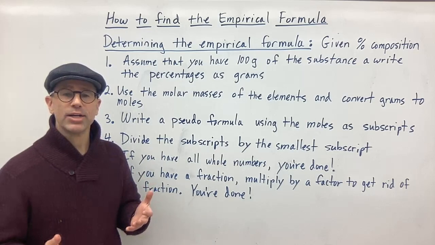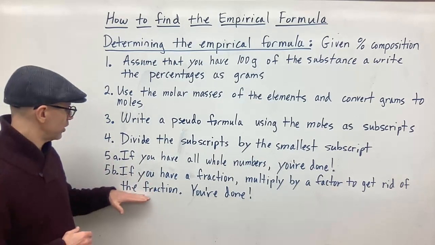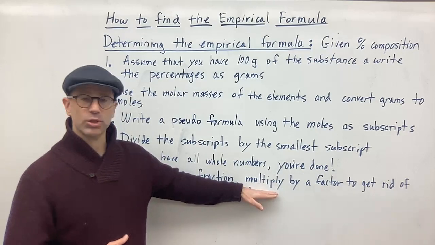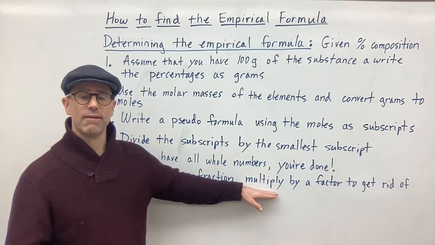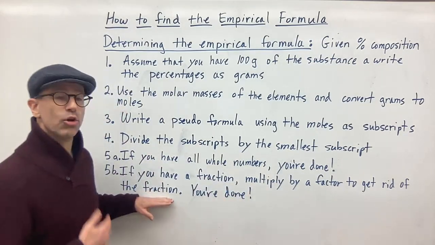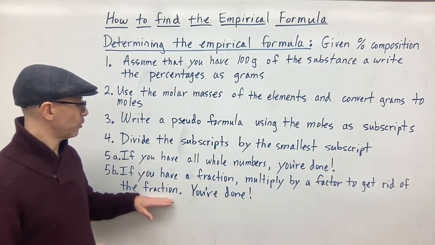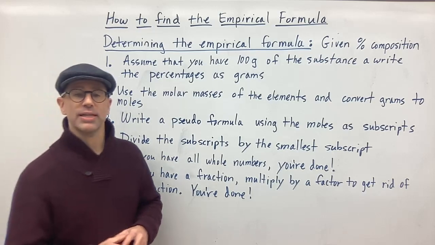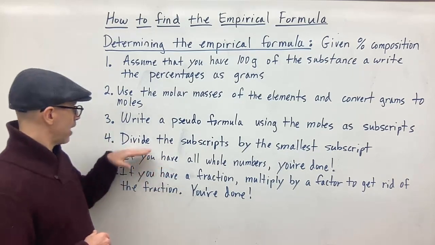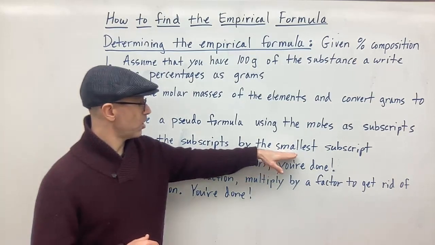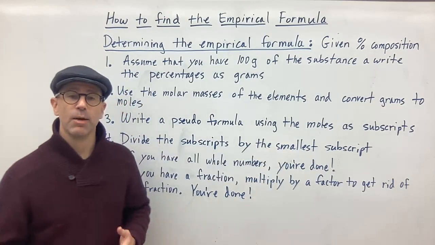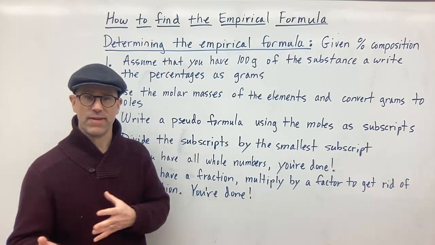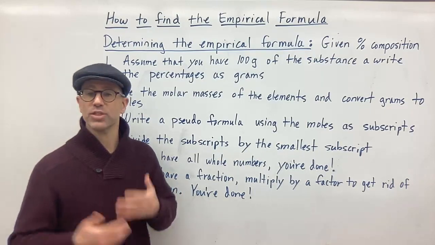If you've got a fraction, then the next thing you need to do is 5B. You're going to multiply by a factor to get rid of that fraction, and then you'll be done. You'll have your empirical formula. So for example, if after I divide the subscripts by the smallest subscript, one of my subscripts is 2.5, well, 0.5 is 1/2.